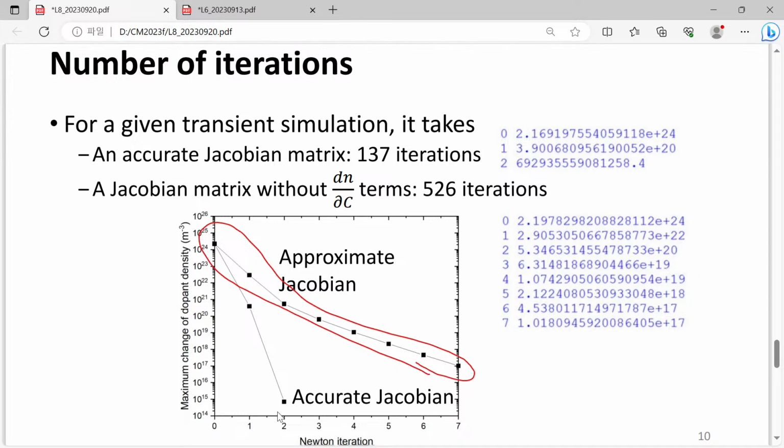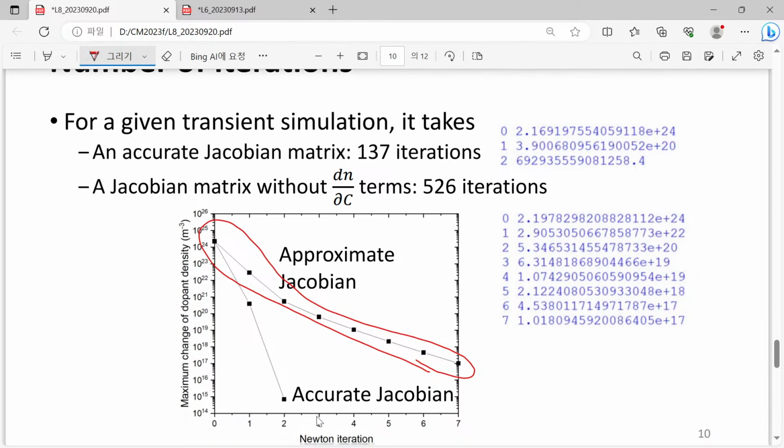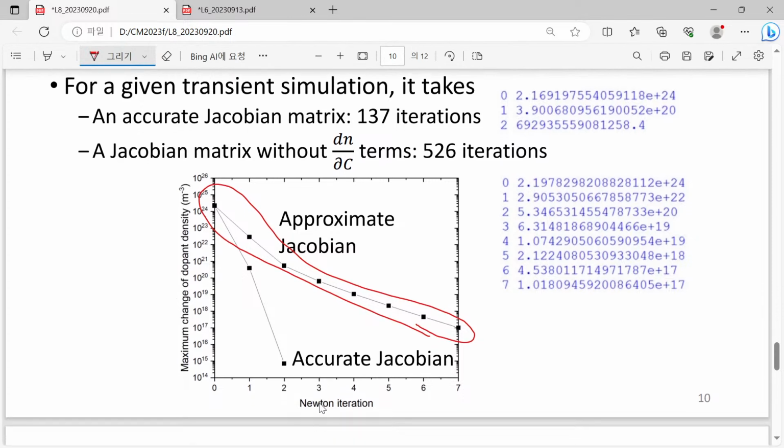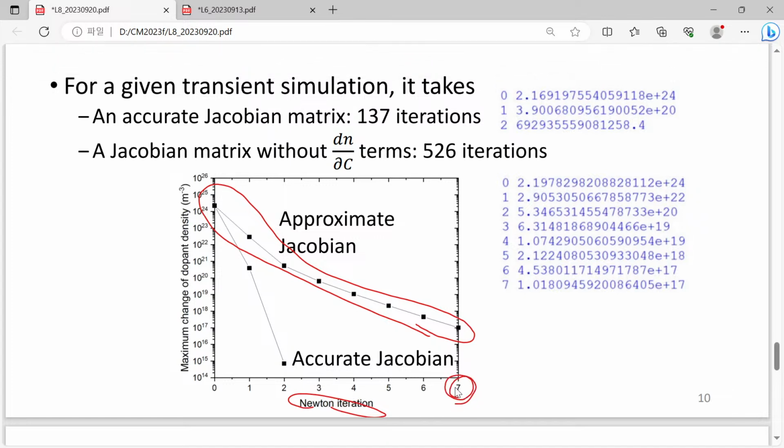In this x-axis, I'm just showing the Newton iteration. It means that we must spend 7 iterations for a certain time index. This is, I guess, the last one in our example, at 400 seconds.